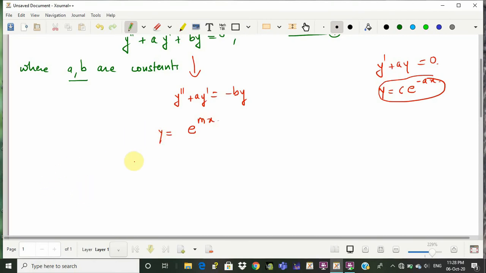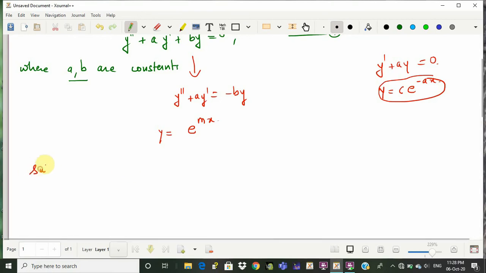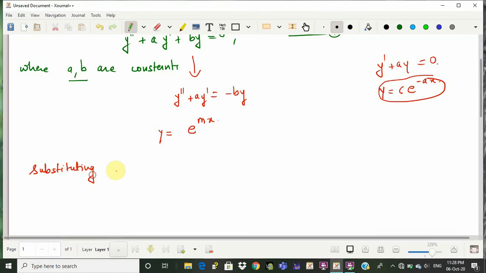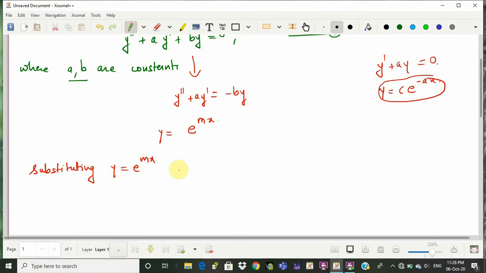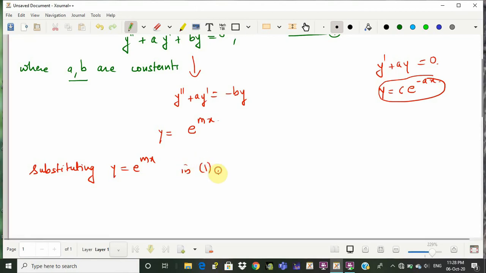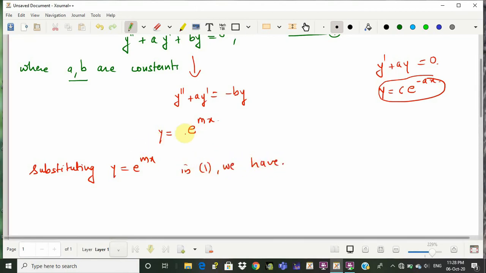So substituting y equal to e raised to mx in 1, we have. Why are we doing this? Because we are assuming that this is the solution of equation 1, so it is going to satisfy equation 1, and we want to know what condition is required on this m.